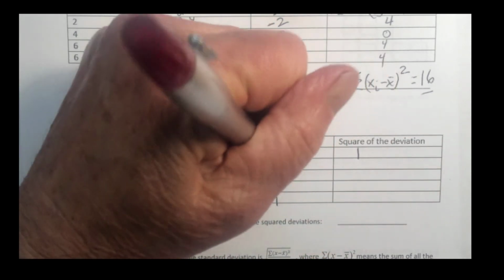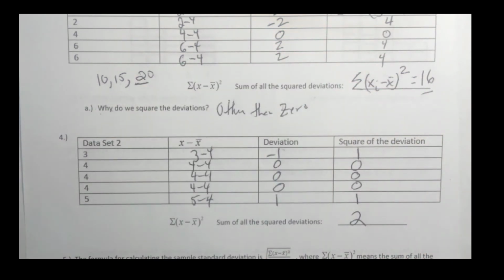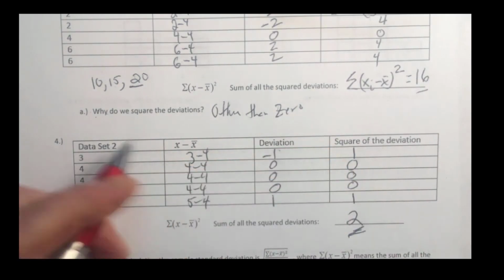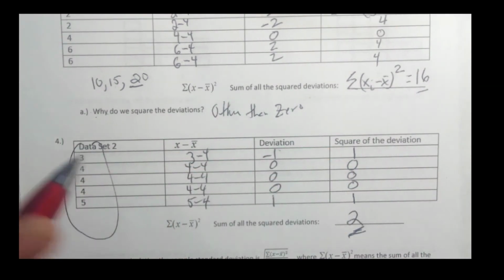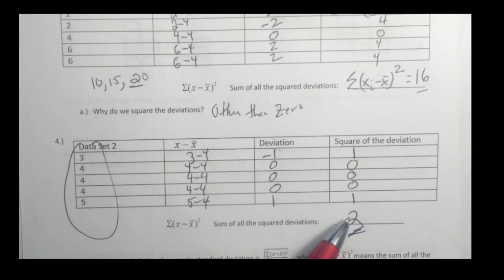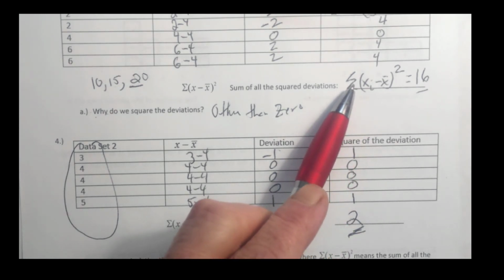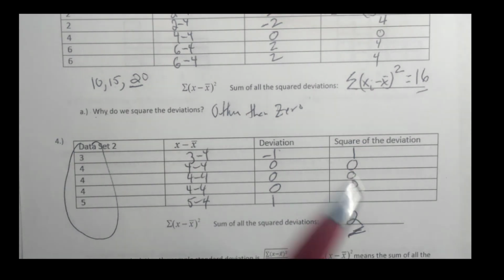Squaring them, 1 times 1 is 1. -1 times -1 is 1. 0 times 0 is 0. And I get the sum of the squared deviations. And for the set that we thought that 4 was the truer value, I only get a sum of the squared deviations, which is this here. That means we get the number 2.